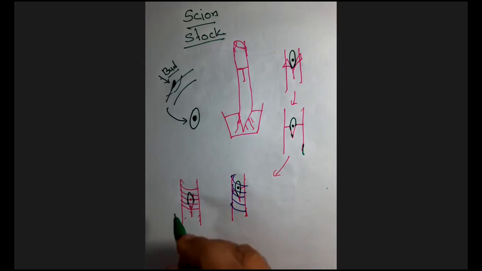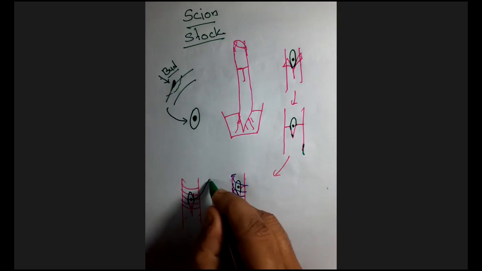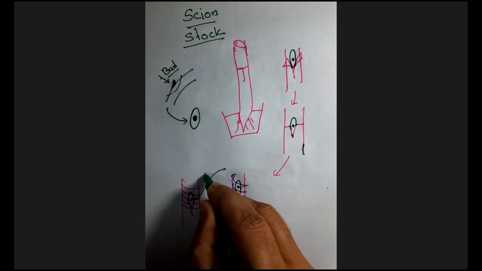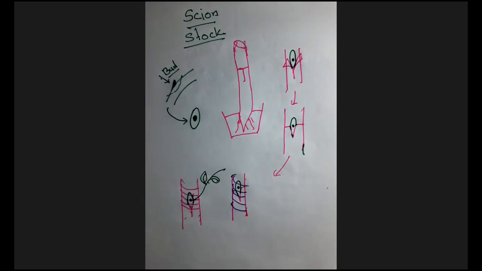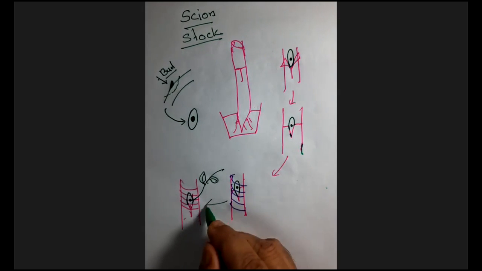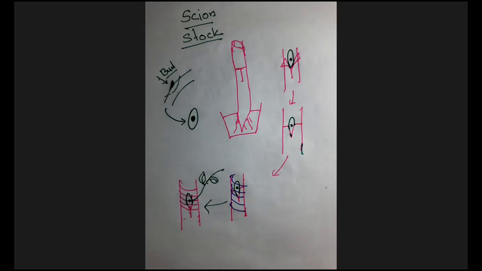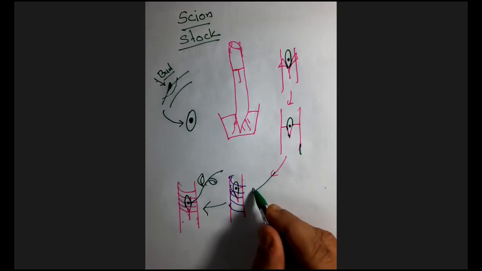From this place, this bud would be growing out, forming leaves. So like this, you will be getting a new plant.